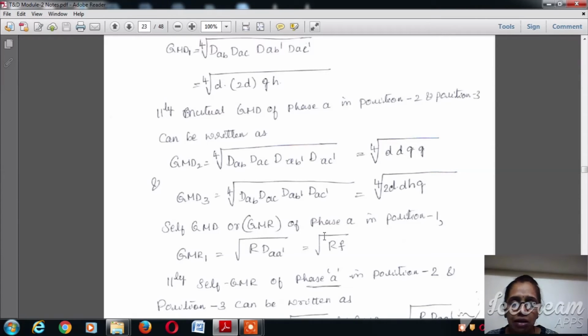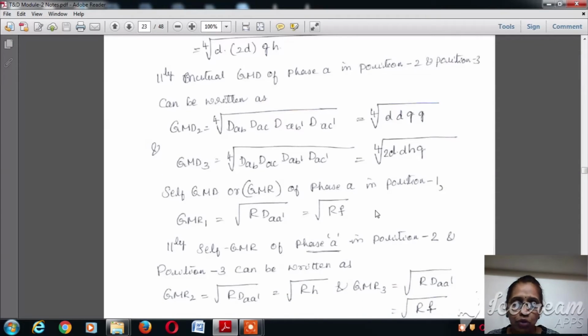Now the GMR of the phase A in position 1. GMR1 is equal to the square root of R into DAA dash, where R is the radius of the conductor A, and DAA dash is equal to F from figure 1. So in position 1, square root of RF. Similarly, the self GMR of the phase A in position 2 and position 3 can also be written. GMR2 is equal to the square root of R into DAA dash.